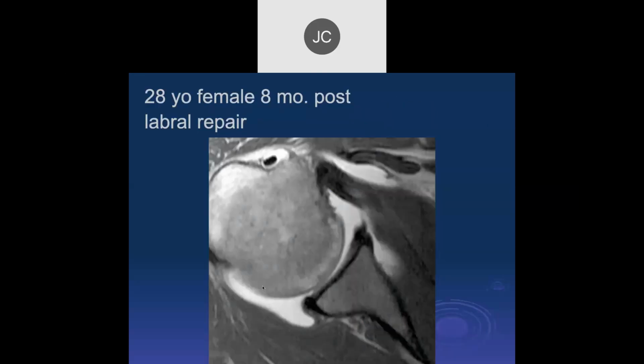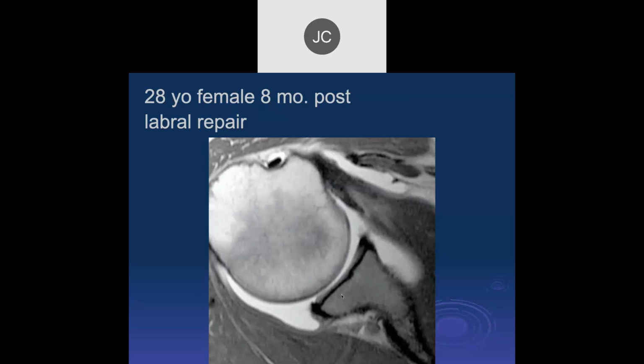Okay, let's see. All right, 8 months post labral repair. I think there's maybe some irregularity of the anterior superior labrum, but no focal defect. Okay, there.